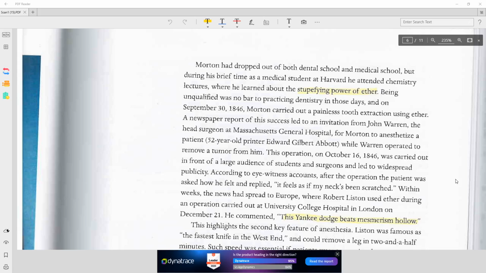Within weeks, the news had spread to Europe, where Robert Liston used ether during an operation carried out at University College Hospital in London on December 21st. He commented, "This Yankee dodge beats mesmerism hollow."